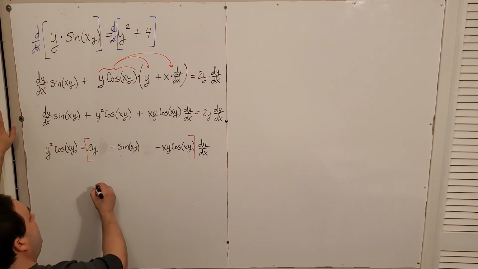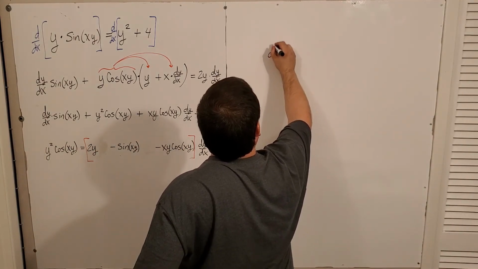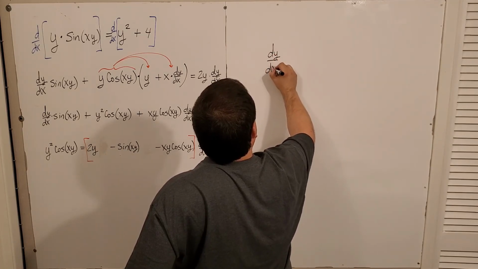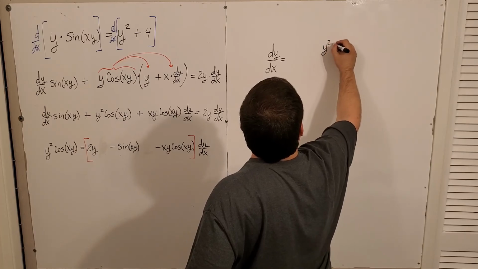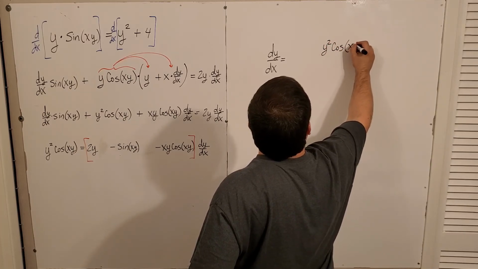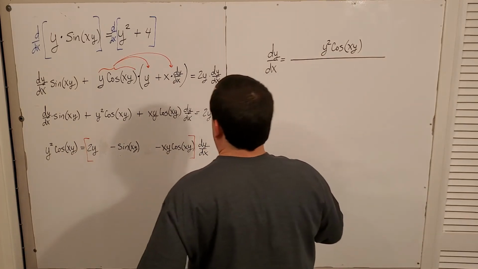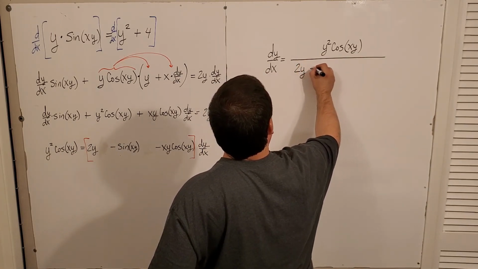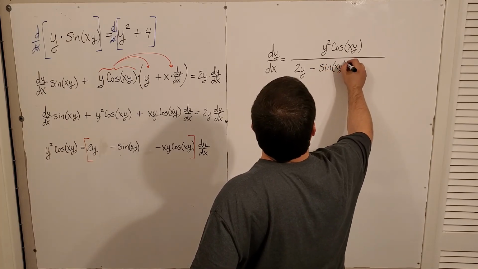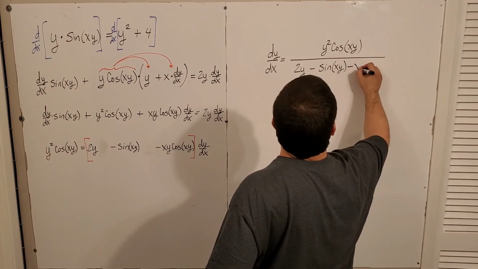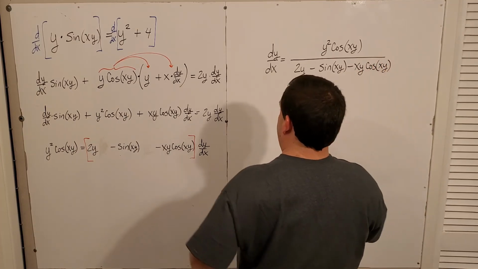So I can say, let me just put it over here, dy/dx is equal to y squared cosine of xy divided by 2y minus sine of xy minus xy cosine of xy.